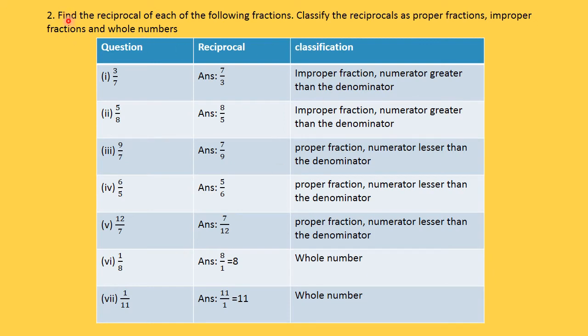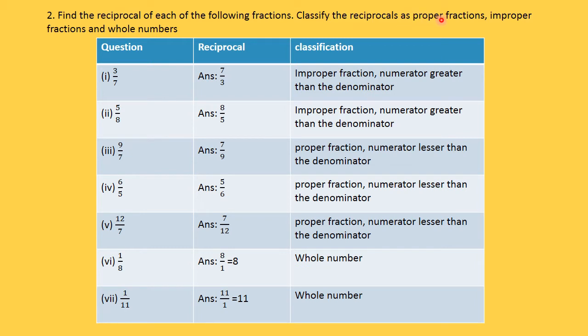Let us see the second question. Find the reciprocal of each of the following fractions. Classify the reciprocals as proper fractions, improper fractions and whole numbers. So what we have to do? We have to find the reciprocals of each fraction. That means we have to reverse, or interchange, numerator and denominator.